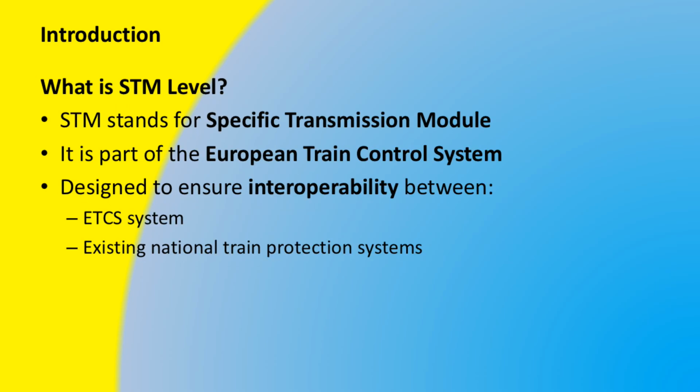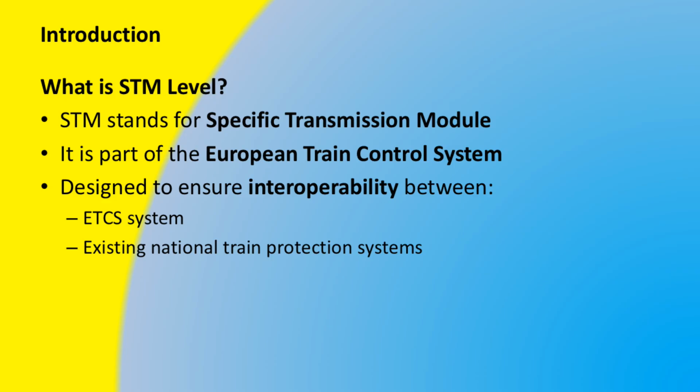Let us first understand what STM means. STM stands for Specific Transmission Module. It is a special module that allows the ETCS onboard system to communicate with the existing national train protection systems. The main objective is to ensure interoperability.